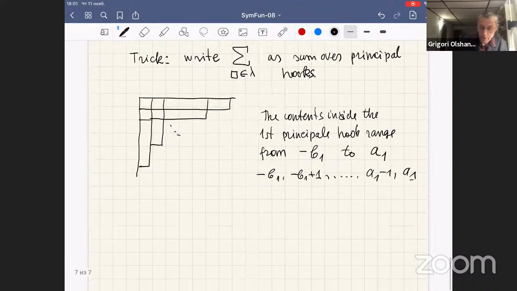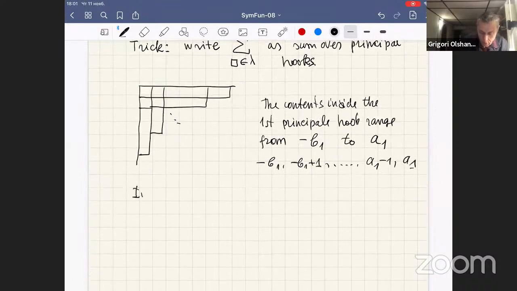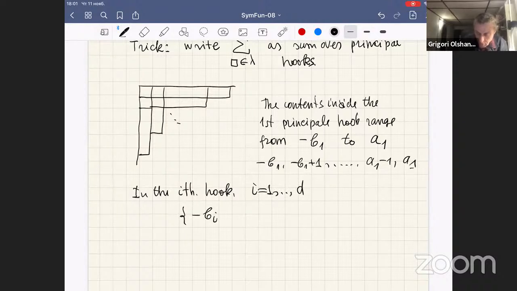And likewise in the ith hook, where i ranges from 1 to d, we have the string from minus B_i to A_i. Okay.